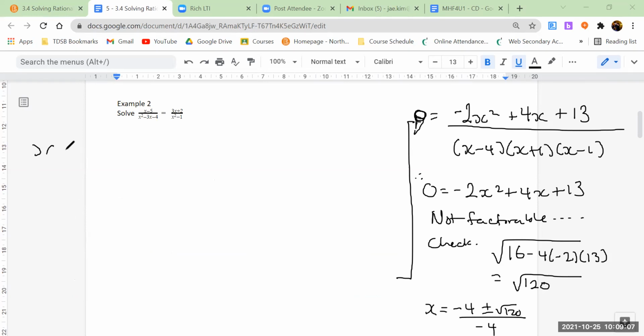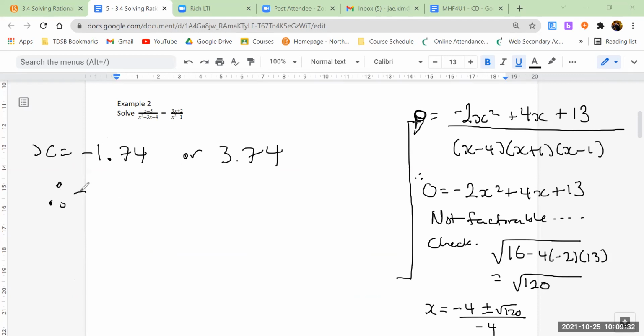In other words, x is going to be square root of 120 minus 4 divided by negative 4. Negative approximately 1.74 or 3.74 approximately.